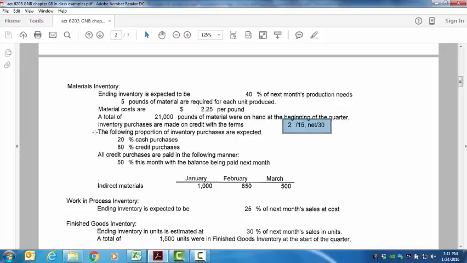And then this is how it says that inventory purchases are expected. Now, notice it says that inventory purchases are made on credit, and those are the terms, but there are some things that we are actually going to buy with cash. So, not a very big chunk of them, but some of it could be in cash. Maybe there is another business in town that's local, and we can go and purchase it in person and pay cash.